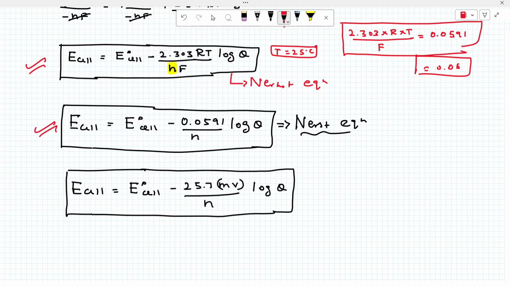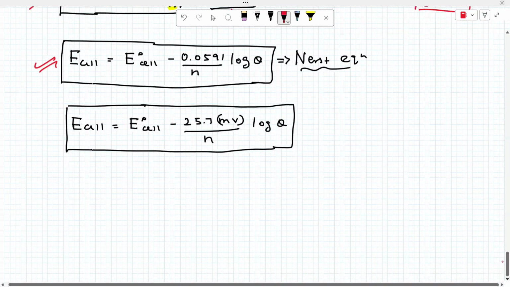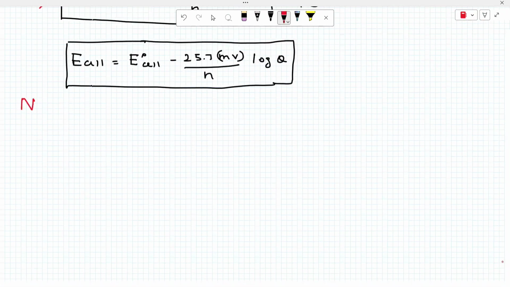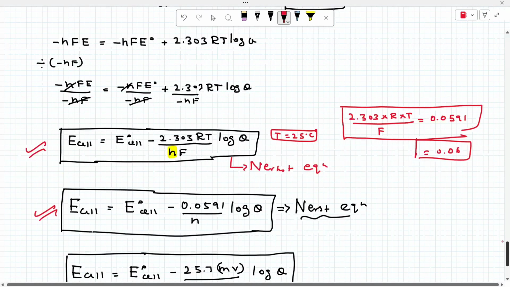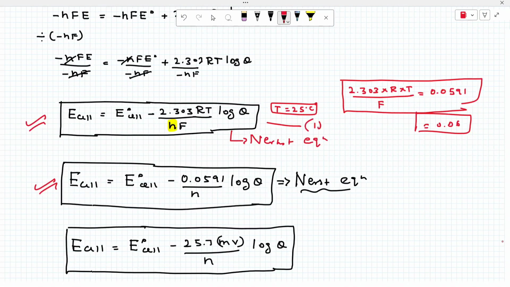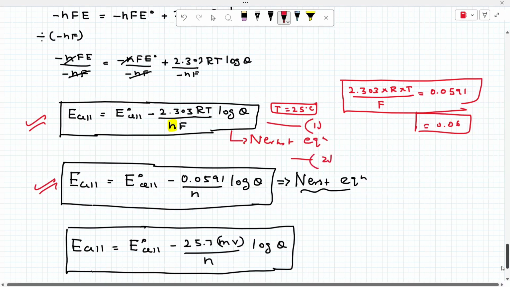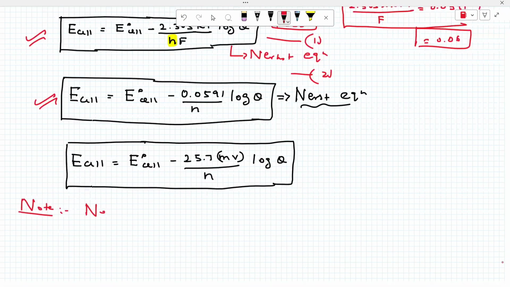Now, the important point about this Nernst equation: you can take equation 1 or 2.